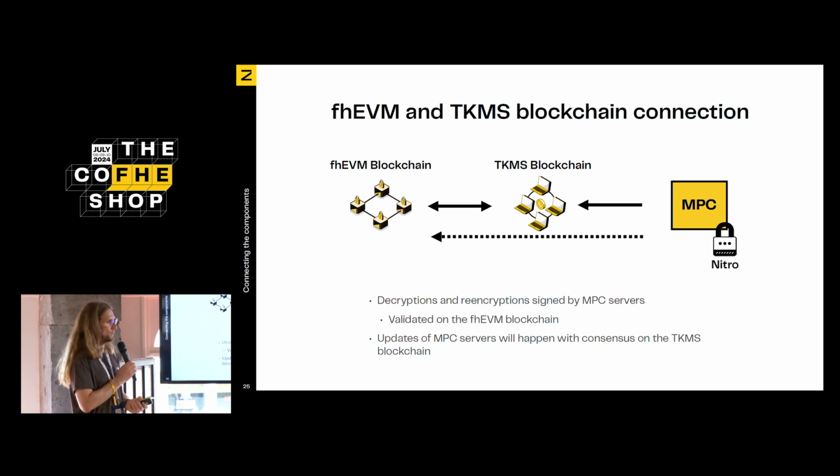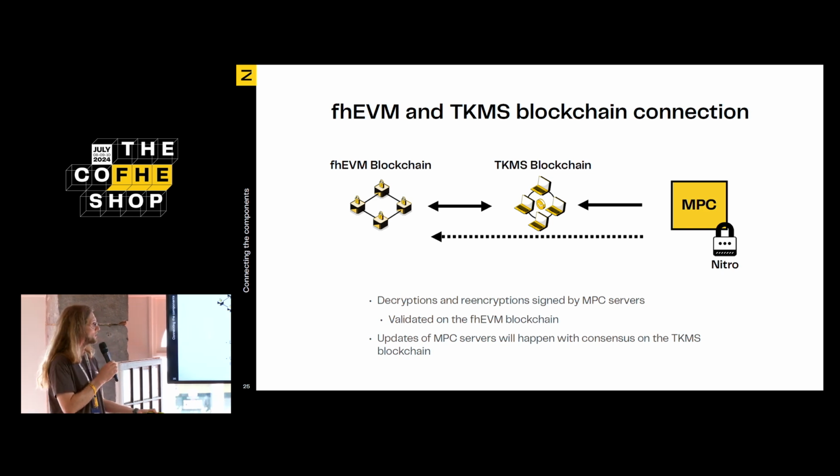When it goes the other way, we have a slightly curious feature in the sense that the fhEVM as such only needs to be fully aware of the validators on the TKMS blockchain when they set up, when they launch the whole thing and get the key generation.